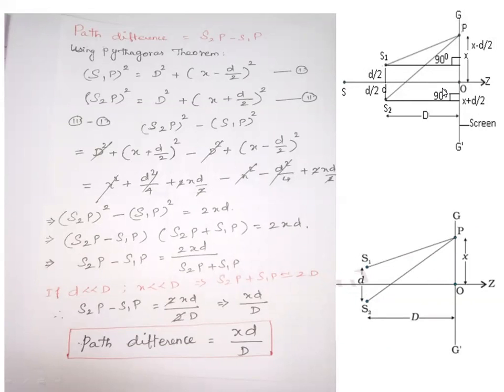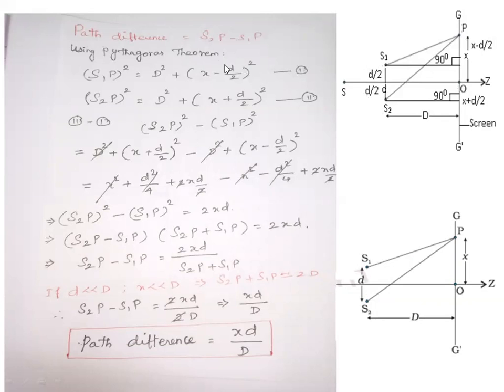So what is the path difference? We have already discussed that S2P minus S1P is the path difference, which we discussed with the secondary light sources of Young's double slit experiment.